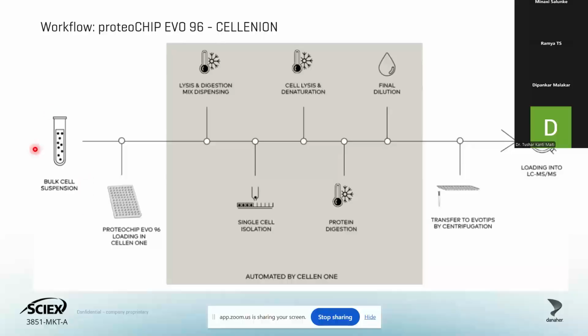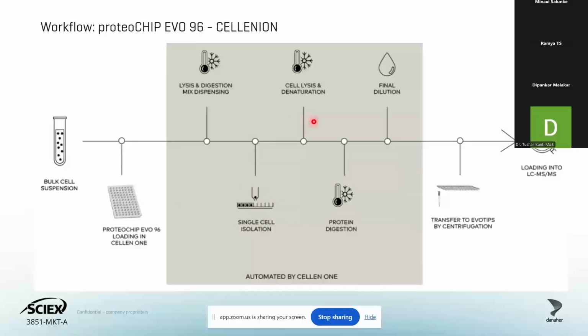The first step is the collection of the bulk cell suspension, and then loading it in the 96 well plate format called Proteochip EVO 96. And then we need to isolate the single cell by microscopic visualization, and then pick the single cell from a mixture of many cells.